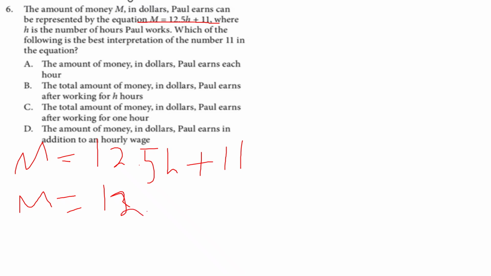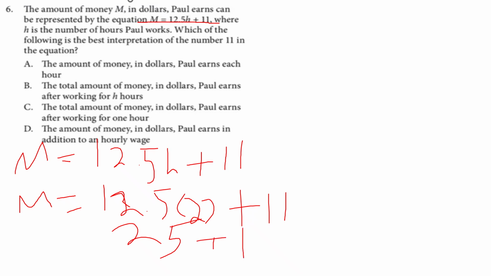So excuse my terrible writing, but that's 12.5 times H plus 11. If Paul worked 2 hours, let me erase that so you can see it. Within 2 hours, 12.5 times 2 is 25, well, that rate is going to change.